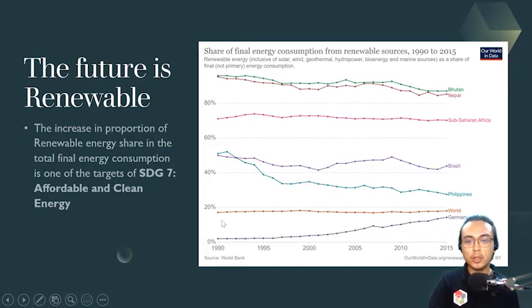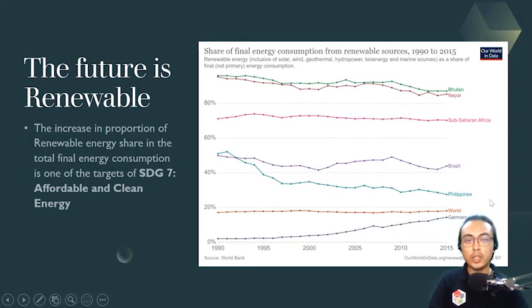Now, the main reason for this steady rate of utilization of renewable energy for the entire world is the balancing between the increase in usage of coal, oil, and gas versus the increased spending and therefore increased use of renewable energy sources. Now, if we compare the case of the Philippines to that of the world average, we are still above the world average, but you can see that the trend is slowly decreasing.